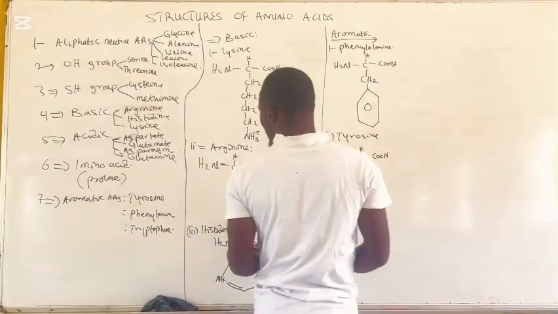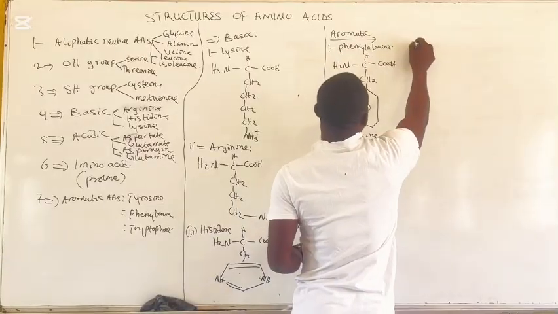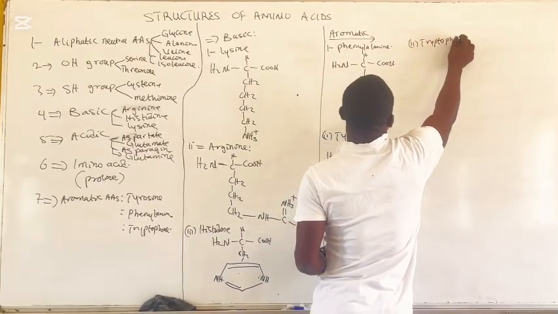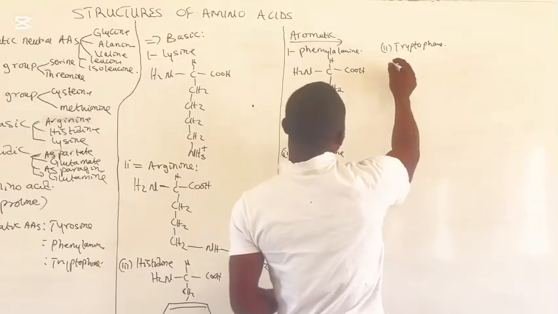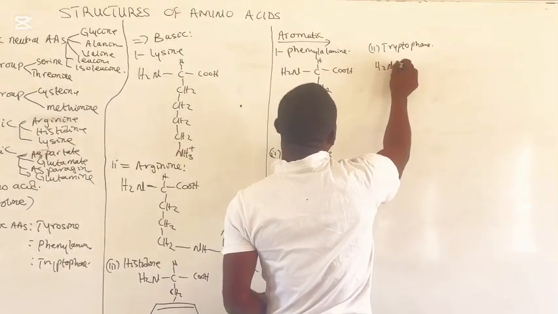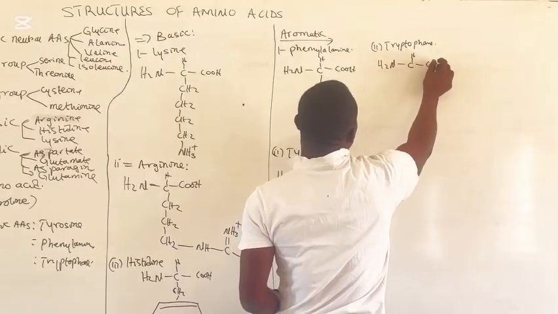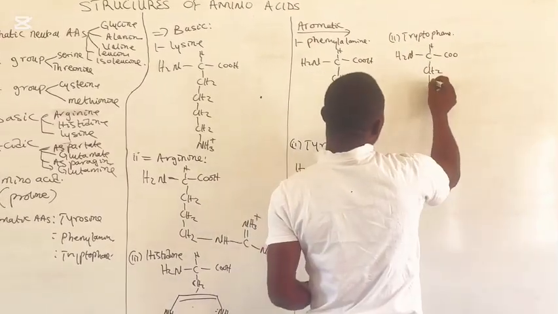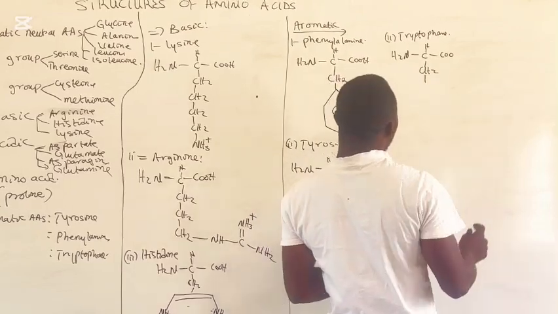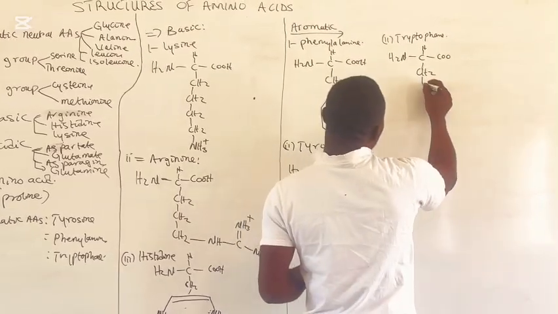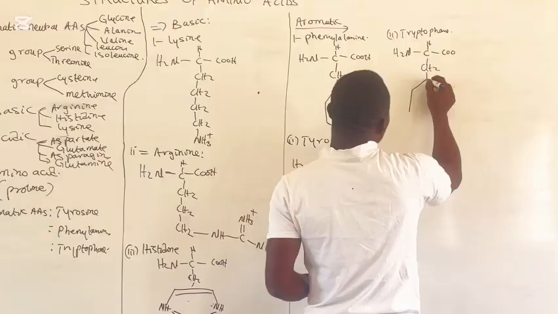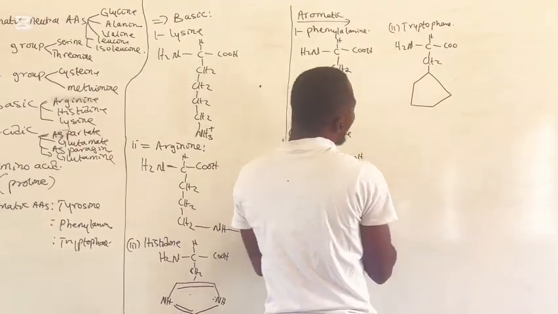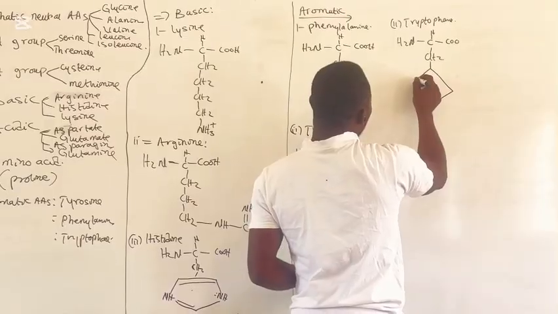The next one here is tryptophan. In addition to the CH2 group, tryptophan has two rings, the 5 carbon ring and the 6 carbon ring.